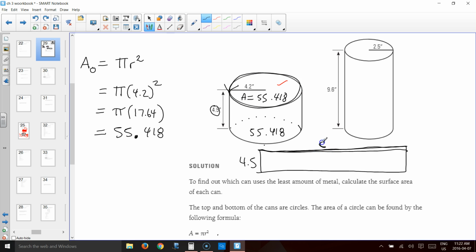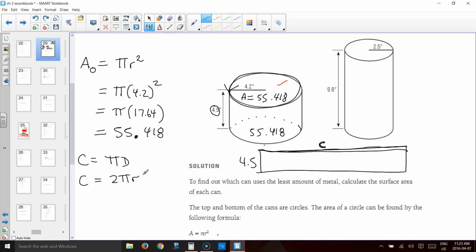Okay, this is the circumference right here, C. The circumference formula says the circumference of a circle is pi times the diameter. You can also use that the circumference is 2 times pi times the radius. Those are the same formulas. It's essentially saying it's either pi times the diameter or pi times 2 radiuses.